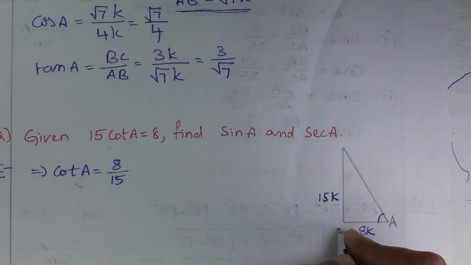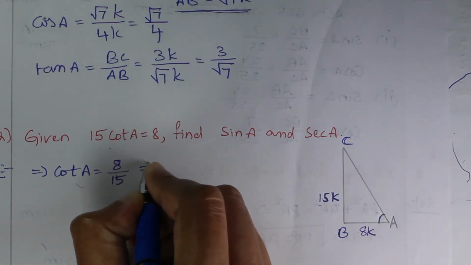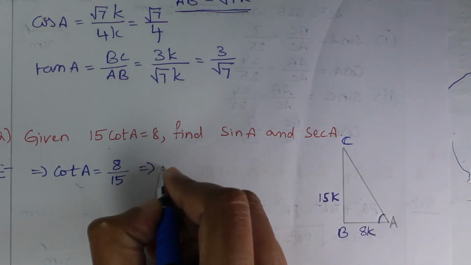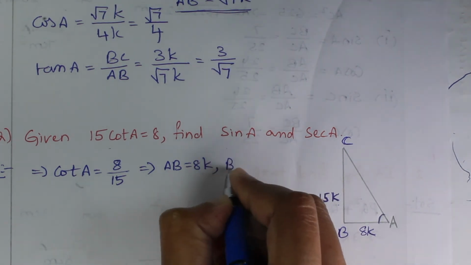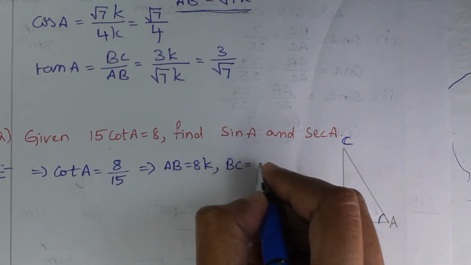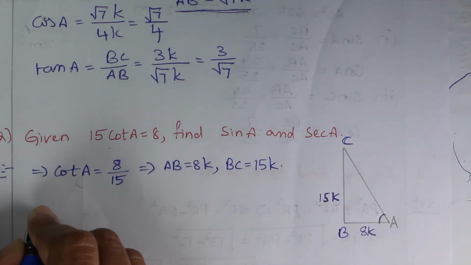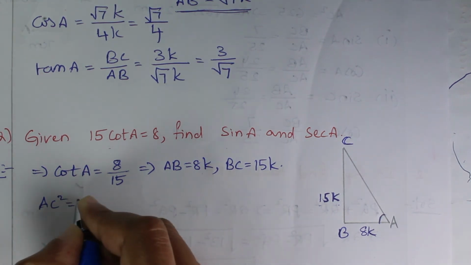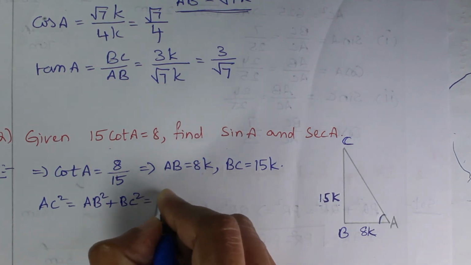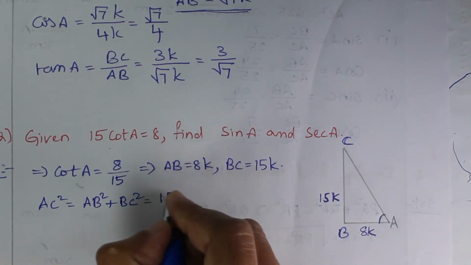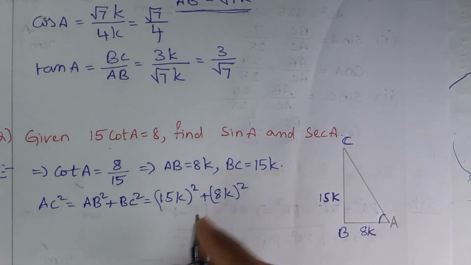That implies AB is equal to 8k, BC is equal to 15k. Now what will be AC? Applying the Pythagoras theorem, AC square is equal to AB square plus BC square. That is equal to 15k whole square plus 8k whole square.